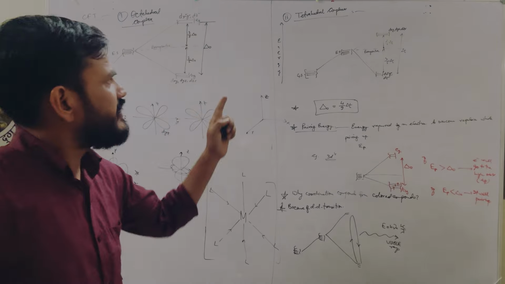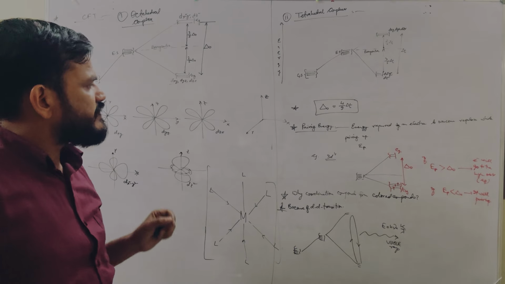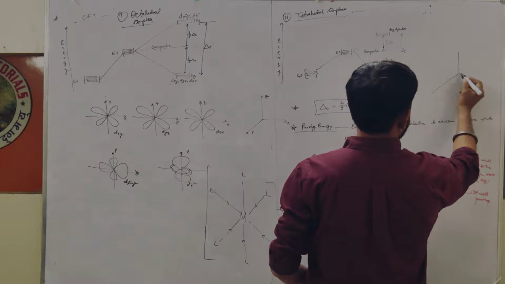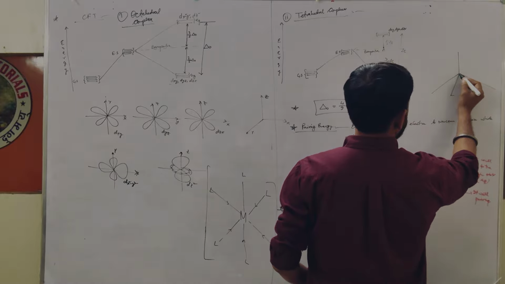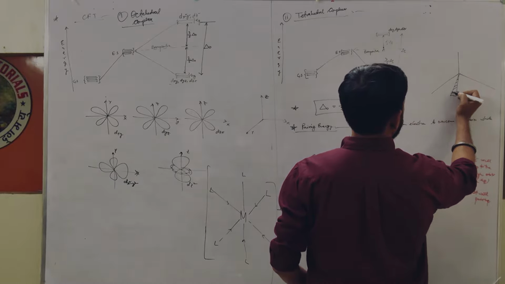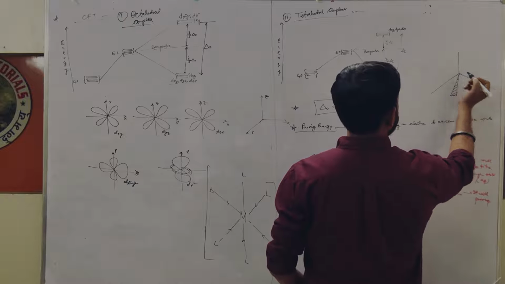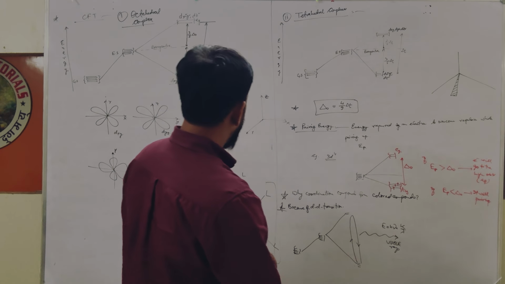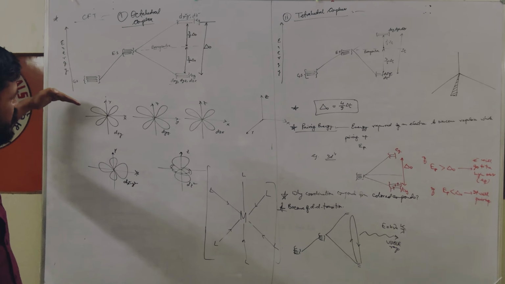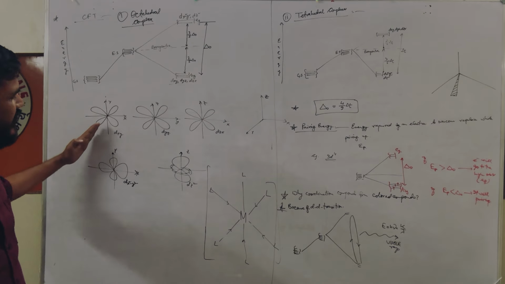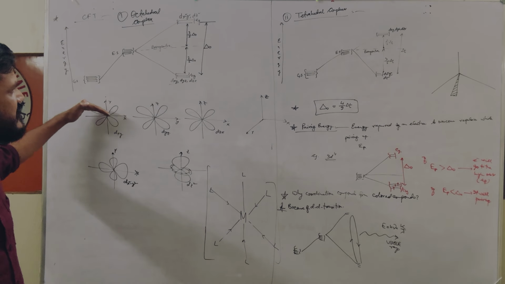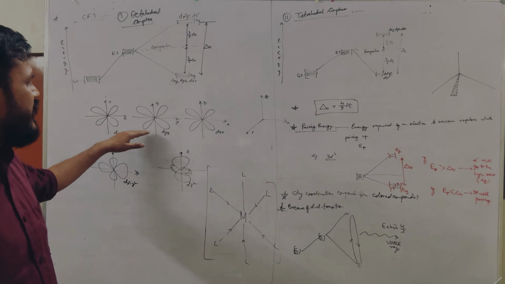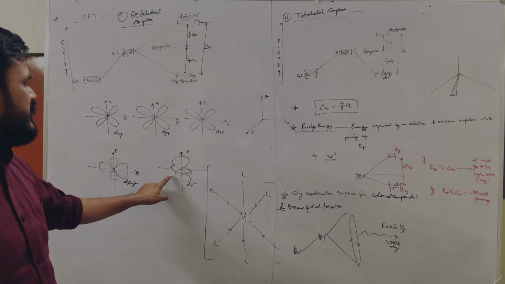Now if you look at tetrahedral splitting, the ligands approach in between the axis. So a tetrahedral shape looks like this. When ligands are approaching or donating electrons from in between the axis, they encounter these three orbitals on their way, and these two orbitals are not encountered.